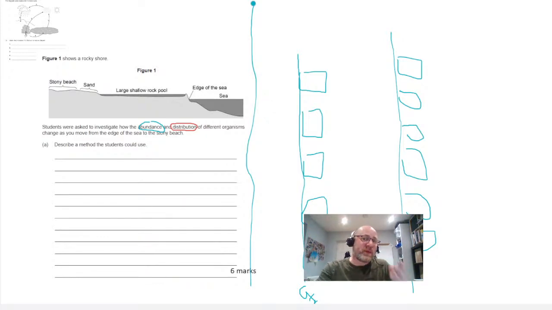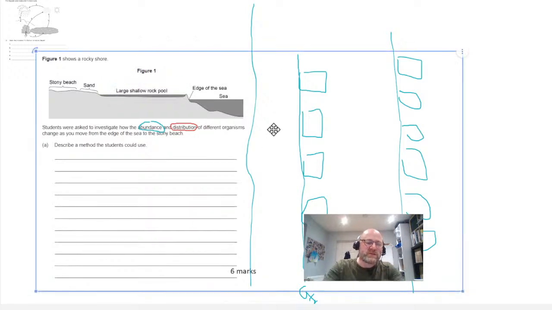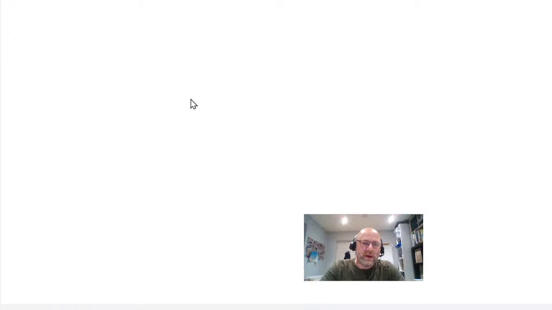If we were looking at population, Karam, you're looking for population. If it says distribution, if it uses the word distribution, you're going to do the transect.